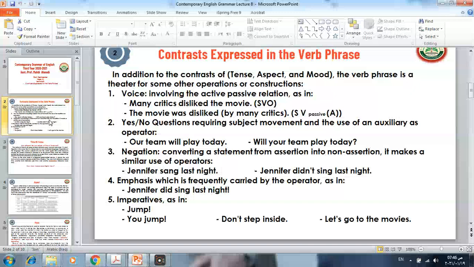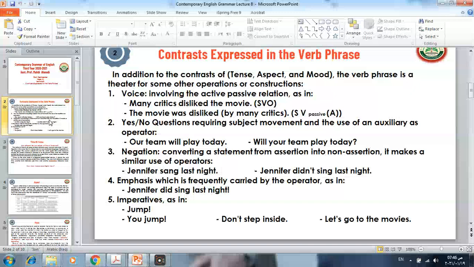So if you consider the example, many critics dislike the movie. Here the structure is subject, verb, and object. But if we change it into the passive, the movie was disliked by many critics. Now the structural pattern of the sentence changes into subject, a passive verb with optional adverbial.